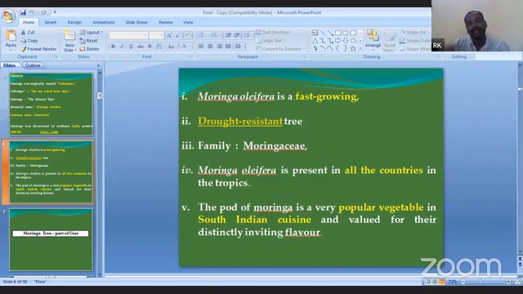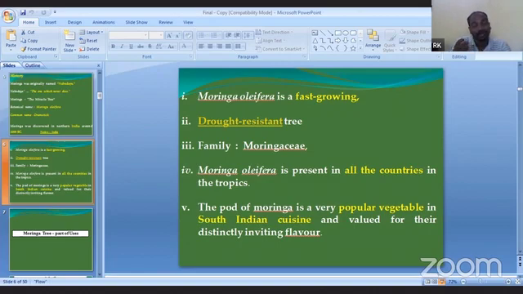In any marriage function in Tamil Nadu especially, the Moringa vegetable is there in the cuisine, in the sambar, the dal in Hindi. Every marriage function puts in that vegetable called Moringa. So why?